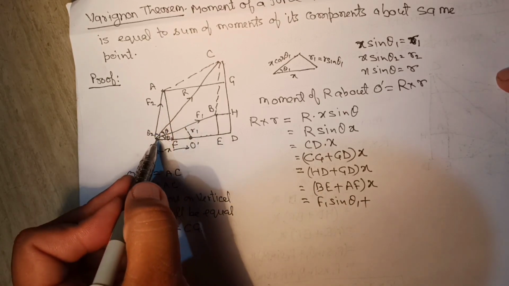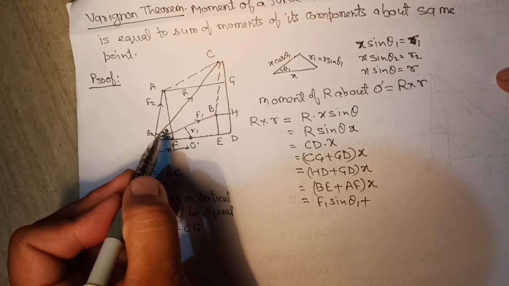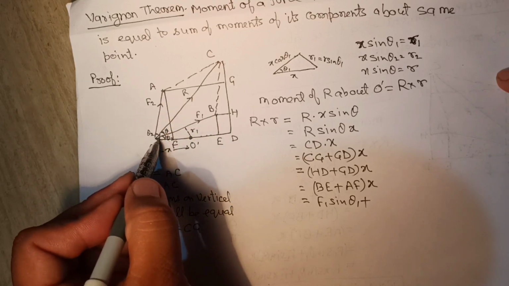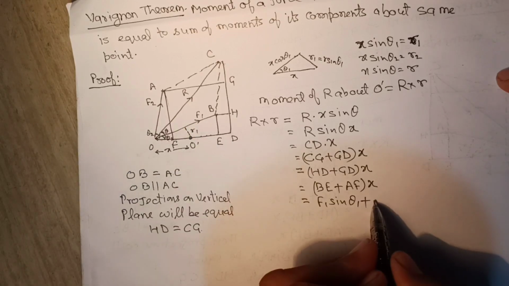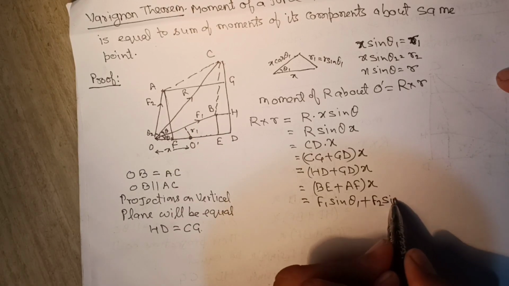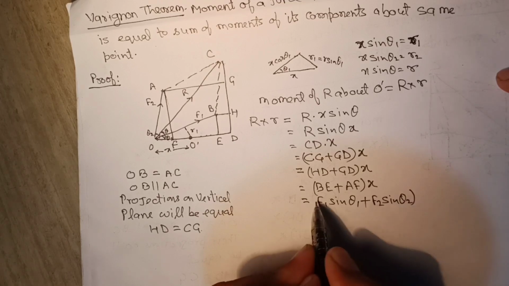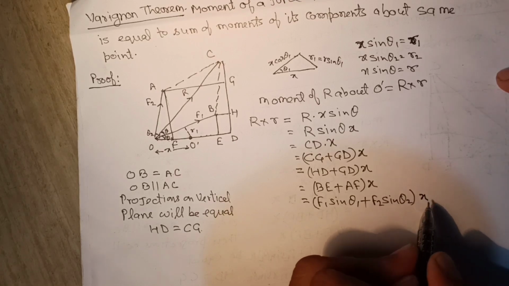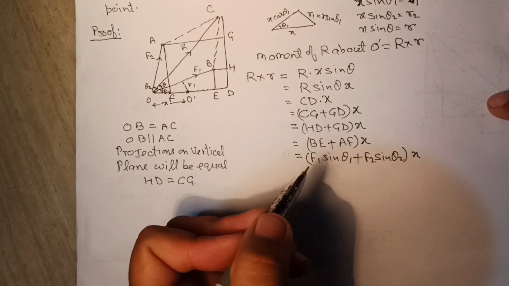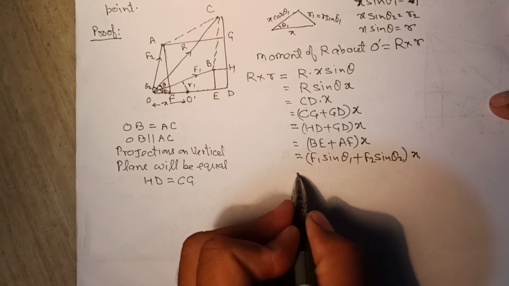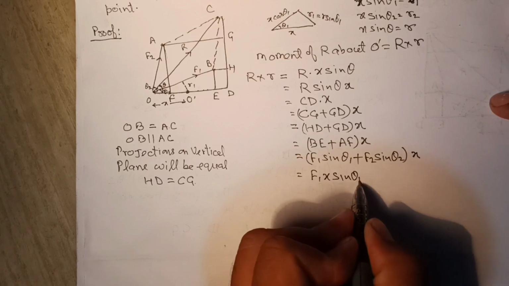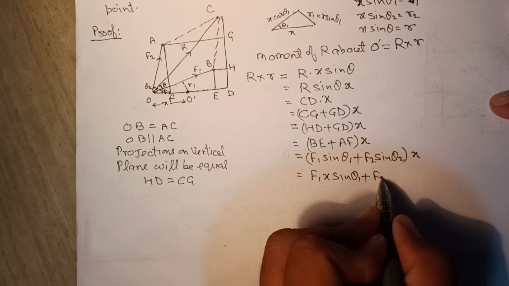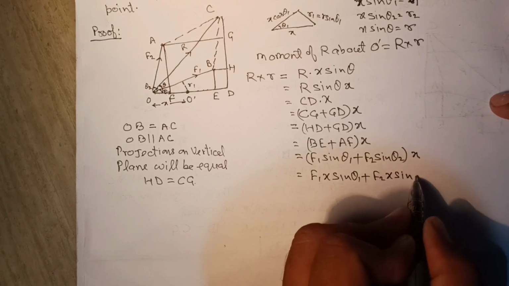So BE can be written as F1 sin theta 1. Similarly, from figure triangle AOF, we can write F2 sin theta 2 equal to AF. And so equation will be F1 sin theta 1 plus F2 sin theta 2 into X. Now multiplying X inside, we will get F1 into X sin theta 1 plus F2 into X sin theta 2.